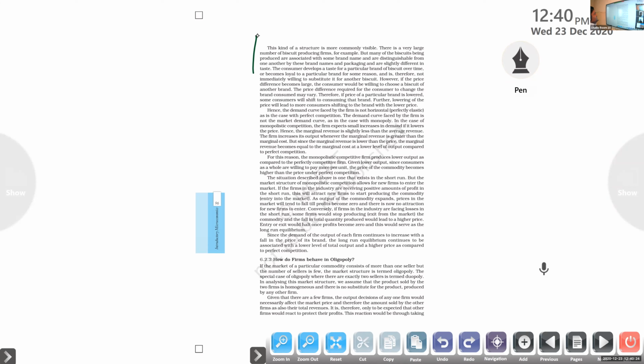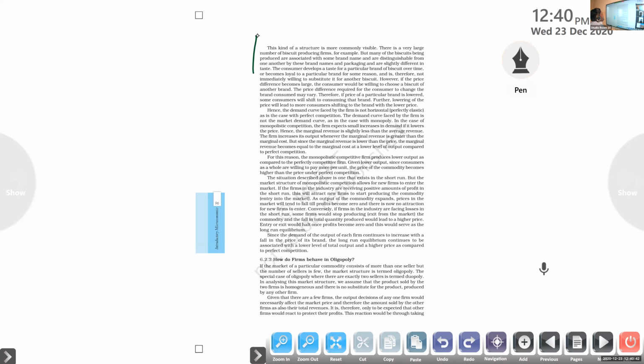So here, this kind of structure is more commonly visible, there is a very large number of biscuit producing firms, for example, but many of these biscuits being produced are associated with some brand name. Brand name will be there with the biscuit.